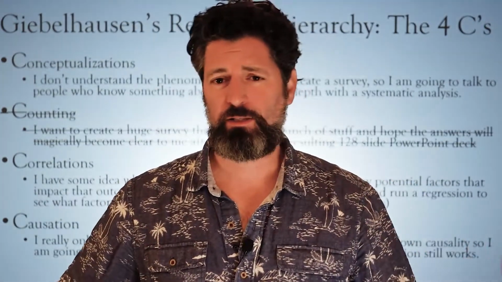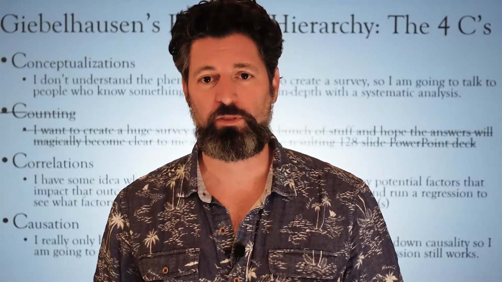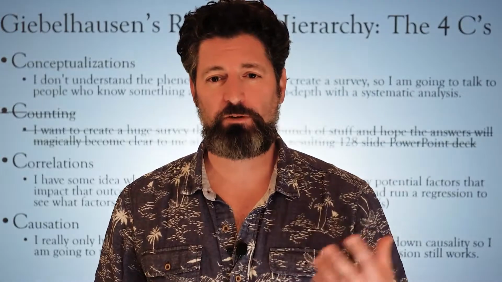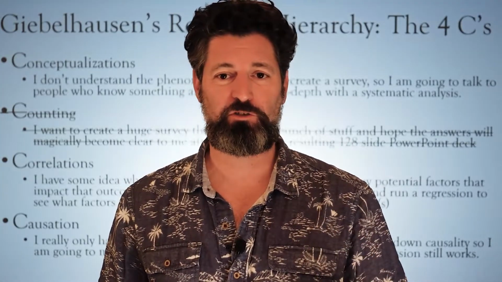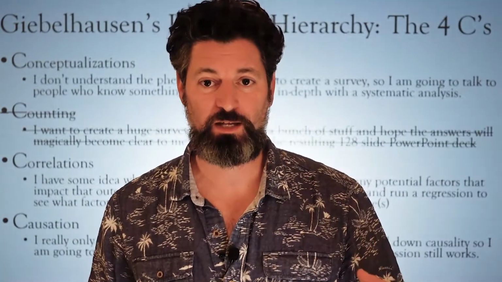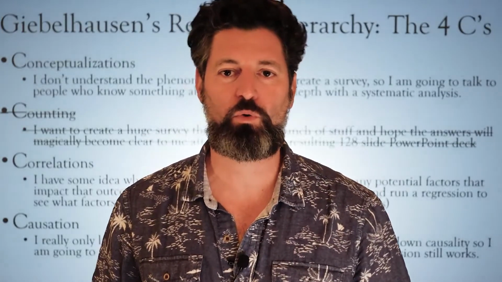That survey goes out, we collect the data, then we get that back, and we decide what it is that we're trying to do with that data. That is a suboptimal approach. Everybody can already do it. On some level, we're going to learn how to measure things better, but in general, we try to skip over just counting. Instead, we try to skip right over into the next level, which is correlations.